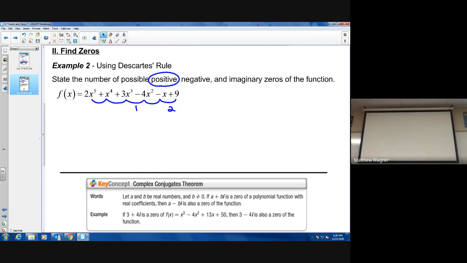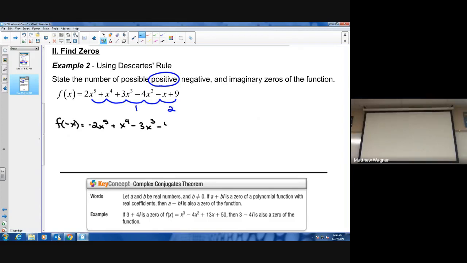Then what I want to do is the same thing with f of negative x. All right. So if I take negative x to the 5th, it's going to stay negative. If I take negative x to the 4th, it's going to stay positive. If I take negative x to the 3rd, negative x cubed is negative x cubed. So I wind up with negative x cubed. Negative x squared is a positive x squared.